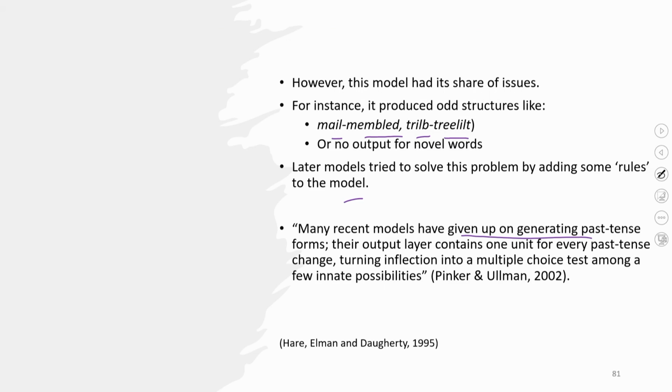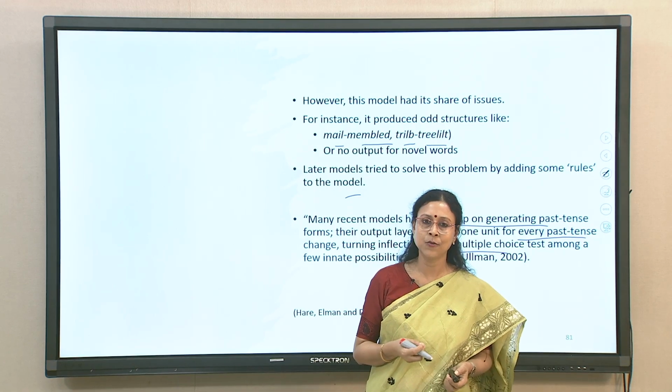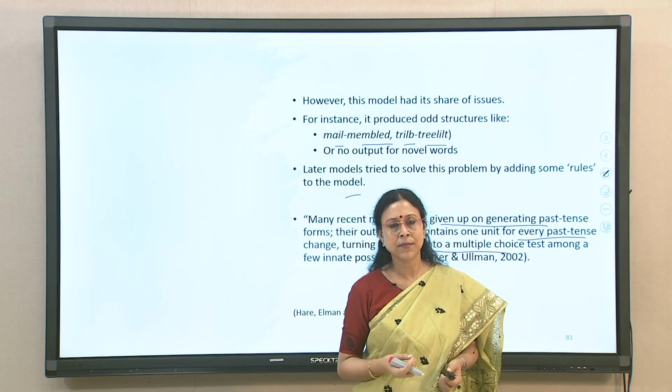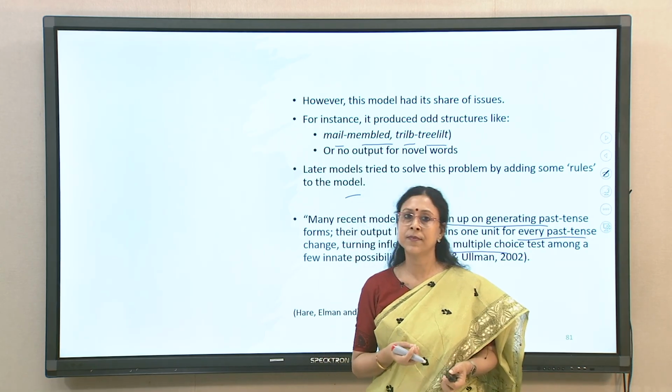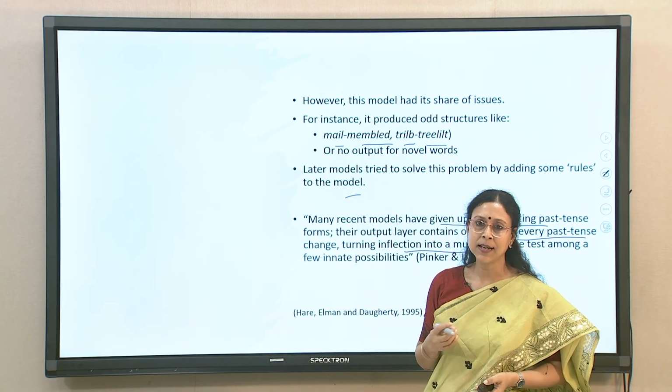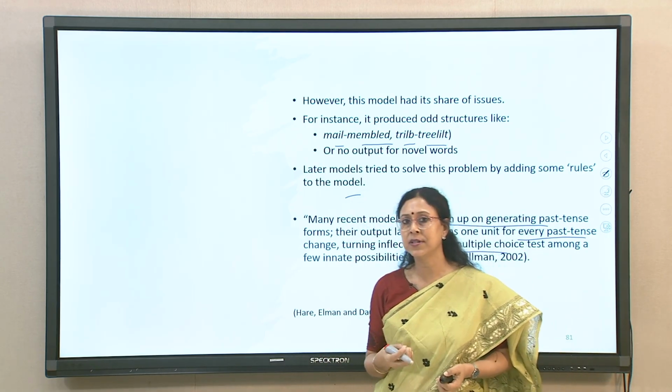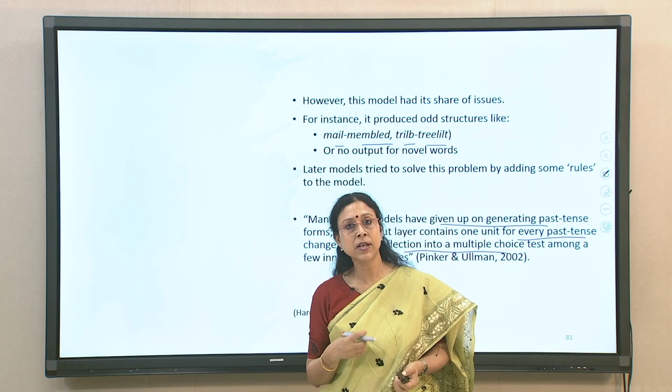Their output layer now contains one unit for every past tense change, turning inflection into a multiple choice test. So, basically this model also has run into some problems with respect to the past tense marker, as to how the past tense forms really work with respect to the irregular verbs.